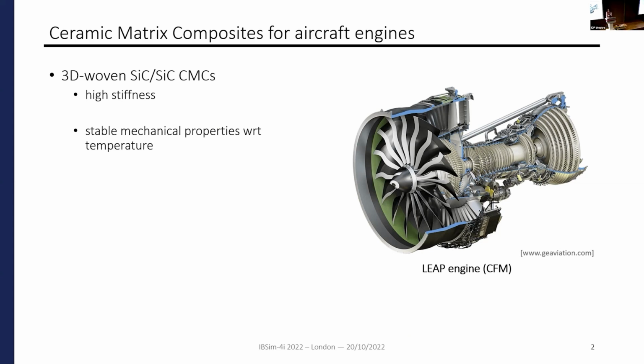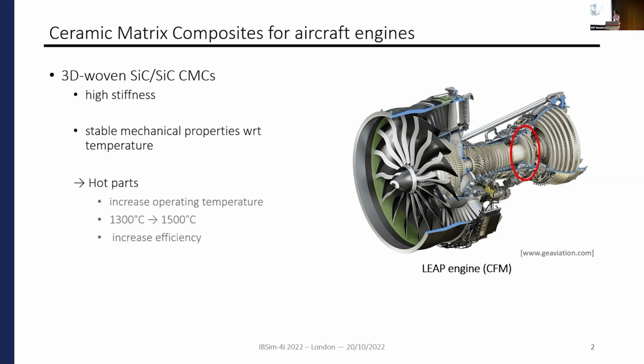And it can be seen as a kind of unbrittle ceramics. The big advantage of those materials is that they have a very high stiffness, quite the same as that of silicon carbide, and very stable mechanical properties with respect to temperature. So they are good candidates to replace the superalloy just after the reactor in the turbo reactor.